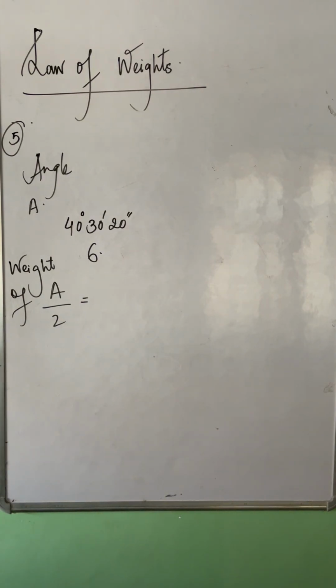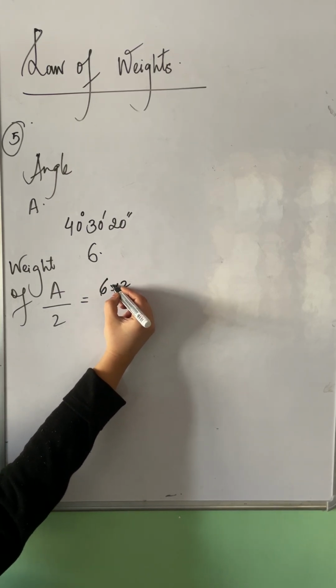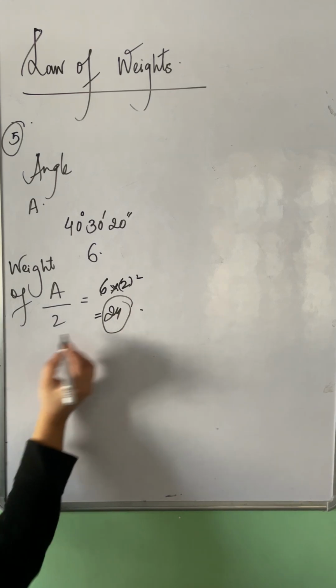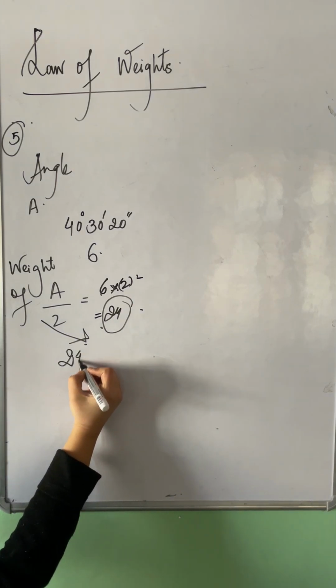If a quantity of a given weight is divided by a factor, the weight of the result is obtained by multiplying its given weight by the square of that factor. Which will come out to 24. So the weight of A by 2 will be 24.